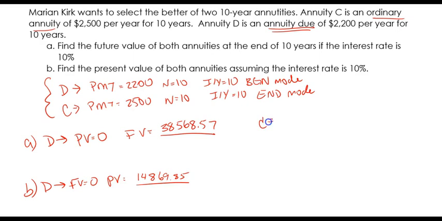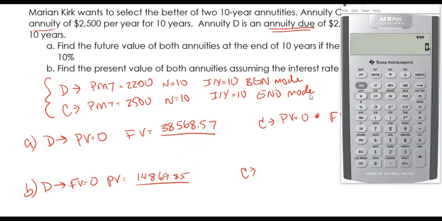So now let's do this for C. For C, at part A, finding the future value, we set the present value equal to 0, and we solve for future value. I do need to first take my calculator out of begin mode. I know it's in begin mode because of the BGN in the upper right hand corner.